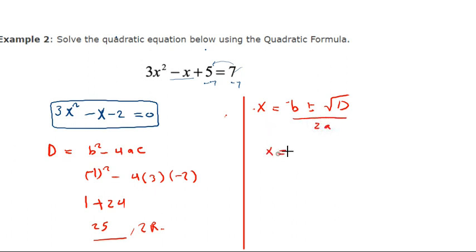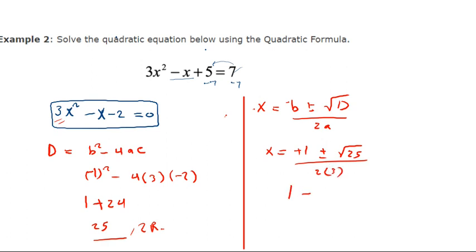In this equation, minus minus 1 equals positive 1, plus or minus the square root of 25, over 2 multiplied by a, which is here 3.